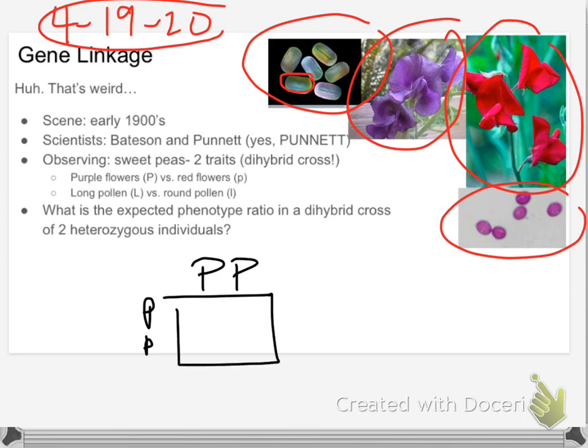What do I get? I get all heterozygous offspring. And this is convenient because then you can take your heterozygous offspring, you can cross them. And they did this, and they studied inheritance patterns. And guess what pattern they found in a monohybrid cross? 1 to 2 to 1 genotype, 3 to 1 phenotype.